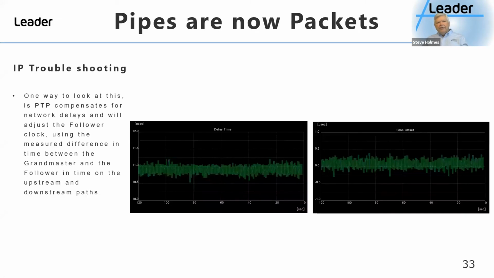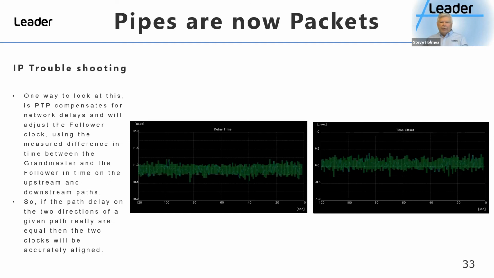Then we can show this data looking at the PTP coming in and look at the variances of those packets coming by, or look at the time values inside those packets as they come by and the differences that the follower is changing to compensate for those underlying issues.